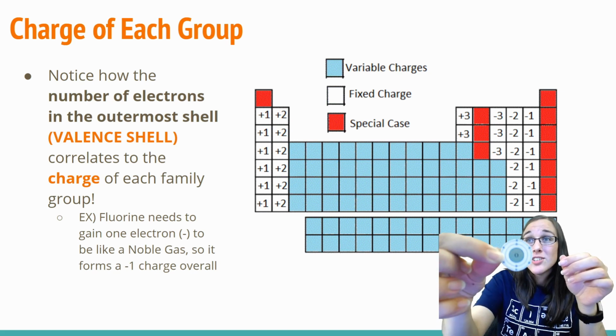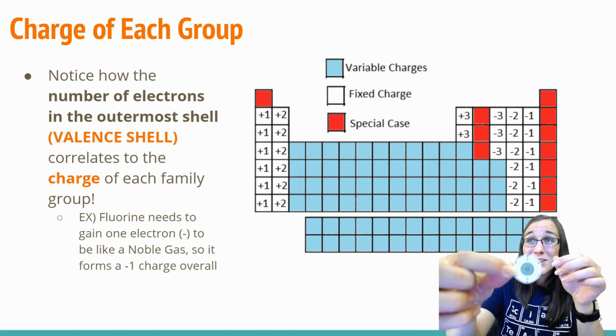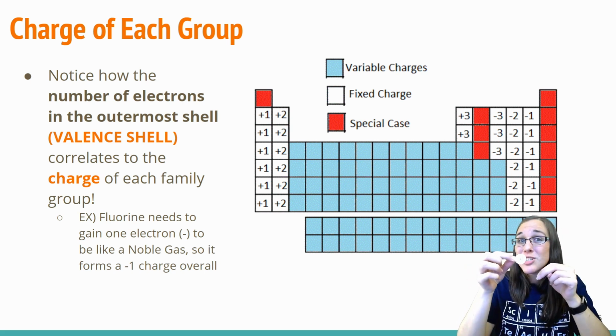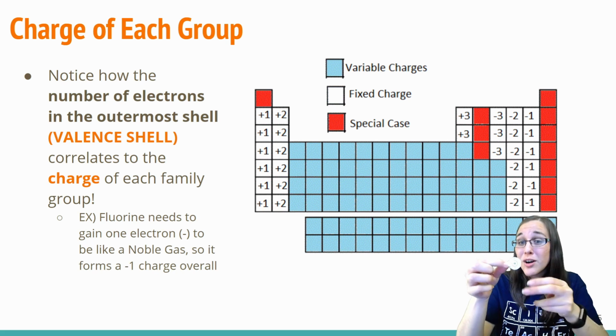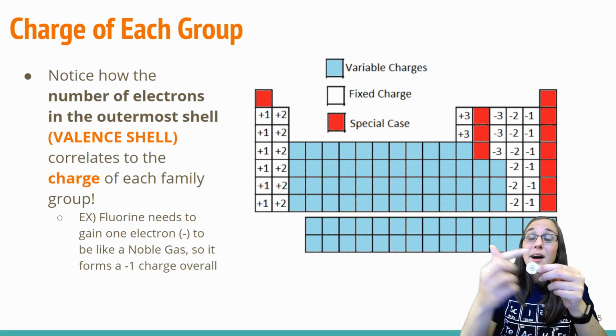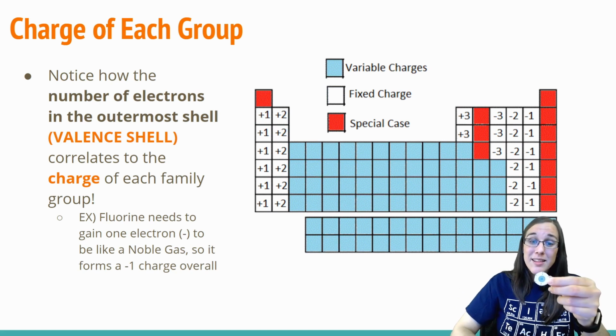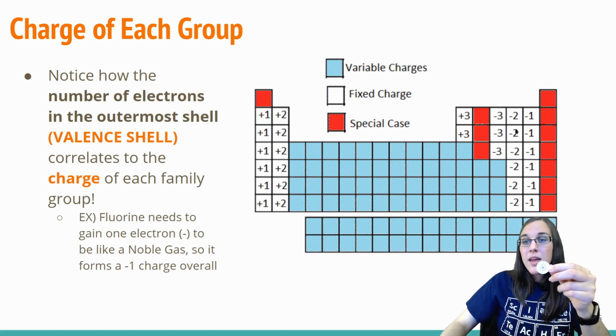So all oxygen needs to do is steal 2 electrons from someone else. So gain an additional 2 negatives, 2 charges that are negative, and become overall -2 in order for it to be like a noble gas and be stable. That's the reason why all of these guys in this column are also -2 charged.